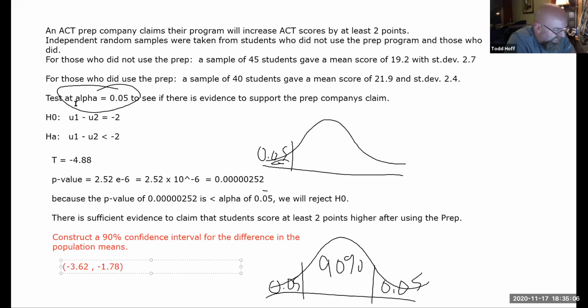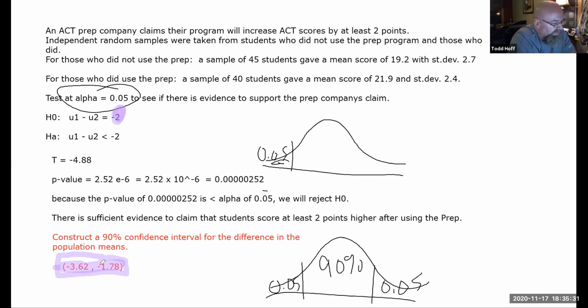Our hypothesized difference in the null hypothesis was -2. That's in this interval. If that value from the null hypothesis is in the confidence interval, that generally indicates that we cannot reject the null hypothesis, because that's saying that the null hypothesis is possible.